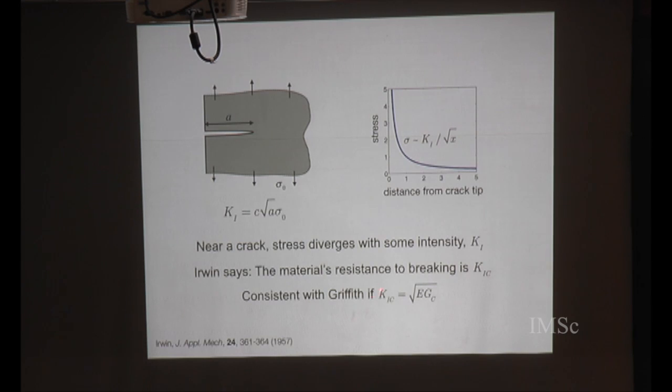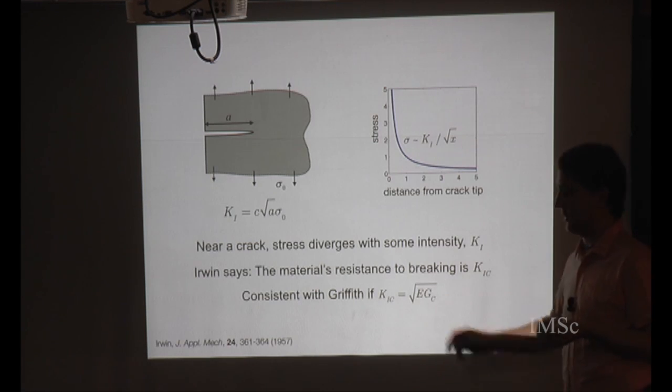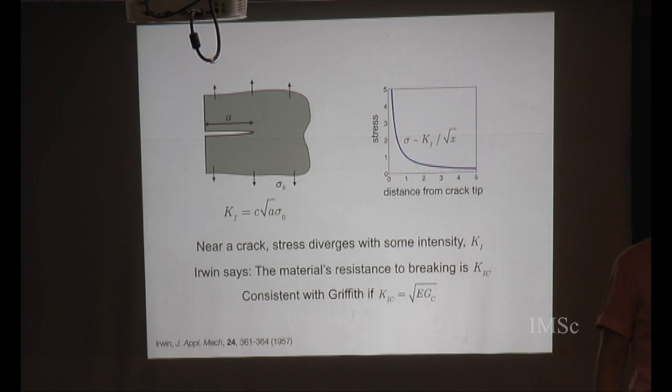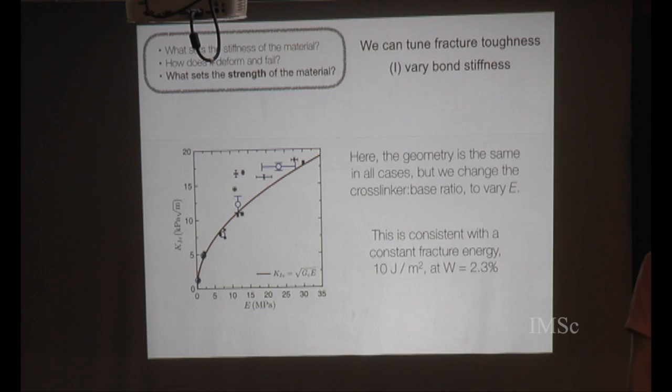This can be consistent with the energy argument if you make a balance between the critical stress intensity factor and the Griffith energy. So one's the square root of the other. And the elastic response, basically the Young's modulus, sometimes scaled with a Poisson ratio depending on the subtleties of the loading conditions, is the constant of proportionality. So we can view this in either sense.